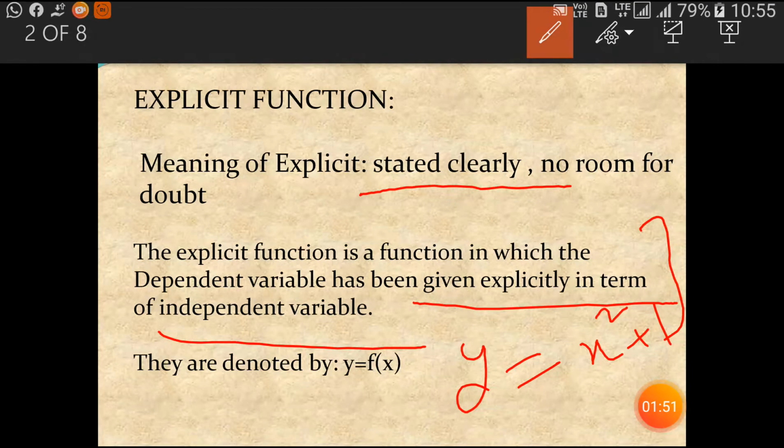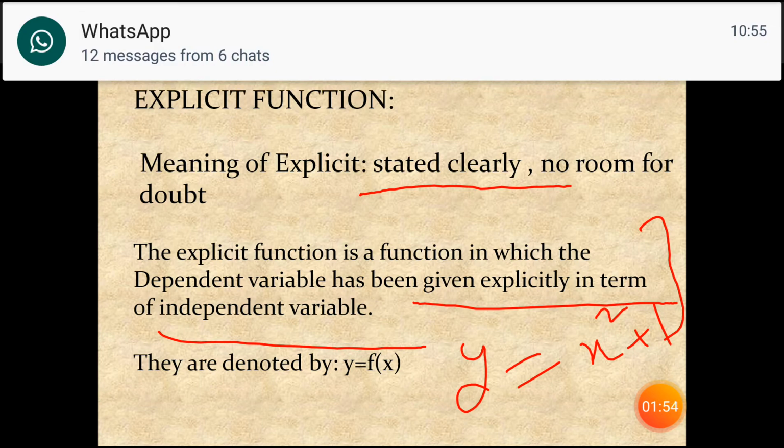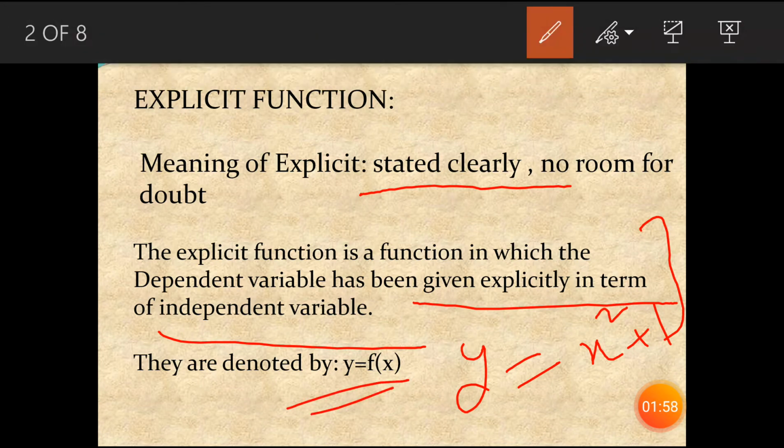There is no confusion about where x is and where y is. So you can denote it in this form, y equals f(x). Such functions are called explicit functions. In this form, on one side there should be y and on the other side there should be x, and x is the independent variable and y is the dependent variable.